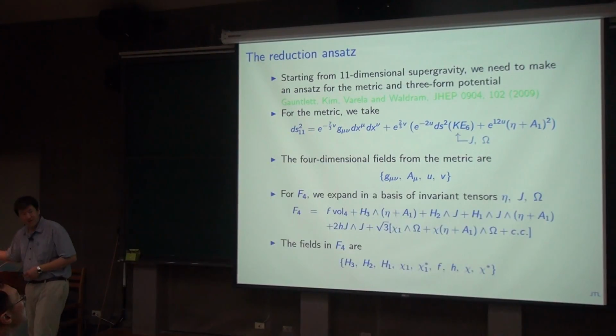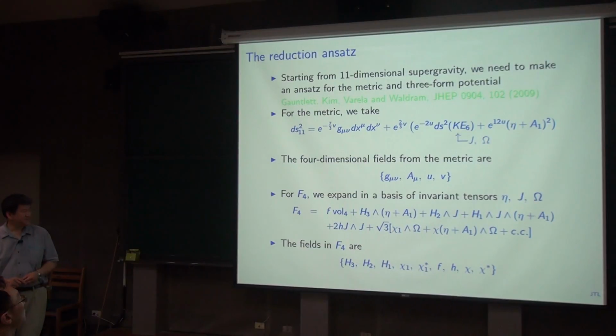The 4-form field strength turns out to be a little bit more complicated. Since I have J and omega, I'm going to take a 4-form, I can expand in a basis that includes J and omega. So you try to do it at least a little bit systematically. You see, this is four forms. It has four indices or four legs. They can live entirely in space-time.